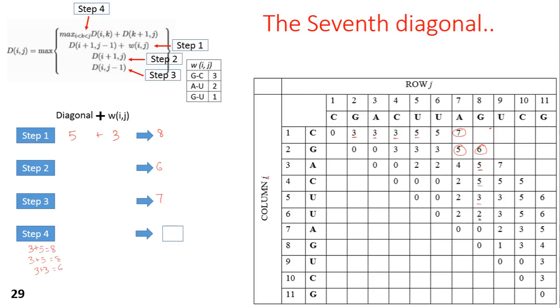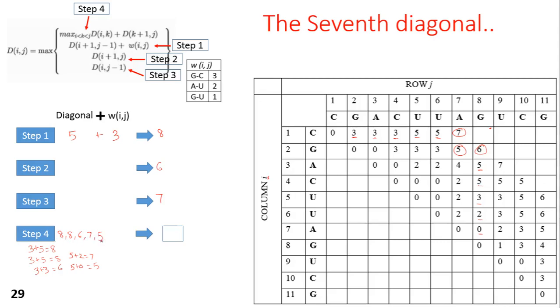Add 5 with next 2, that will give you 7. Add this 5 with 0, that will be 5. So how many numbers do we have in step 4 for comparison? 8, 8, 6, 7 and 5.